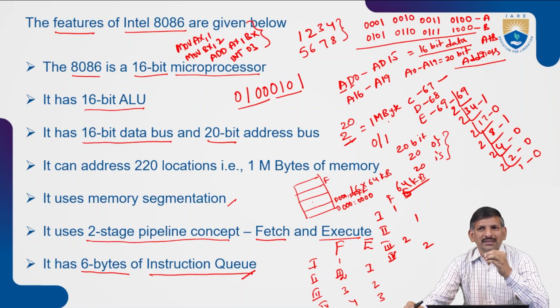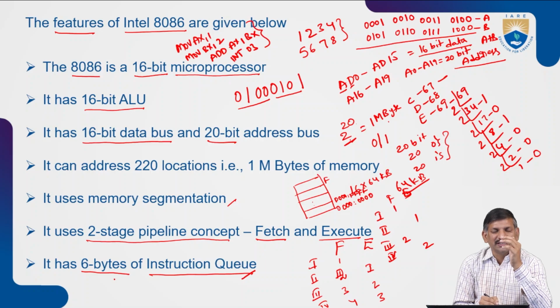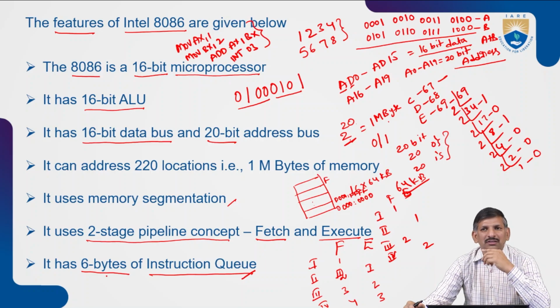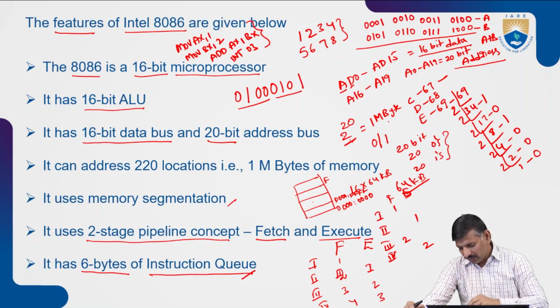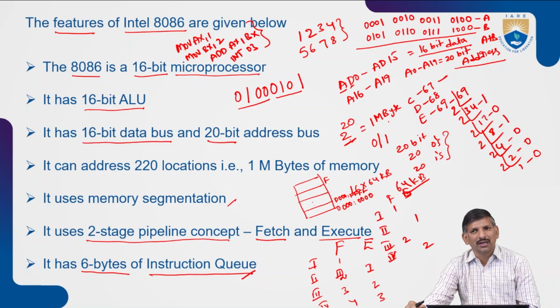So what is the advantage? We need not wait for the fetching operation. That is readily available in the instruction queue, up to a size of 6 bytes. So we can avoid the waiting time for doing the fetching operation.